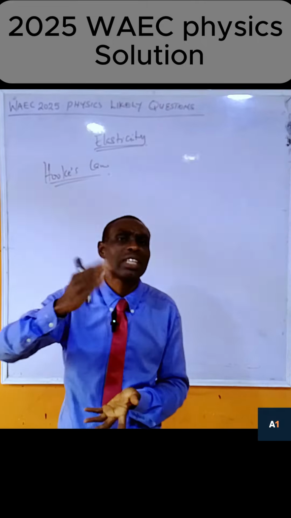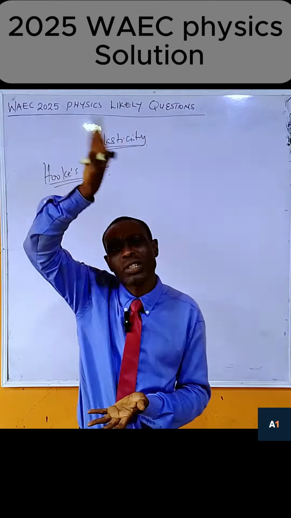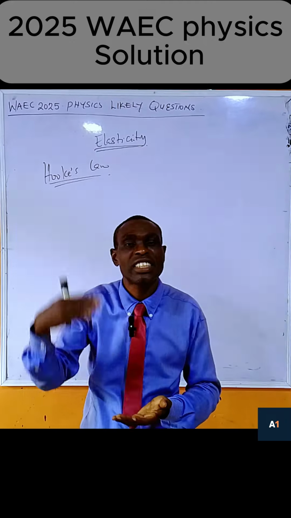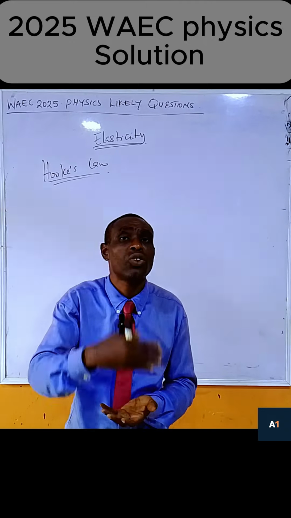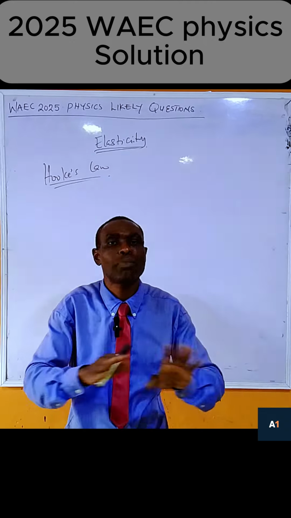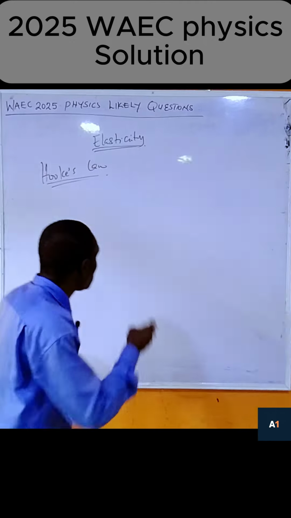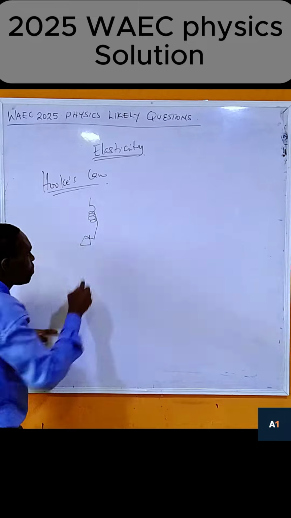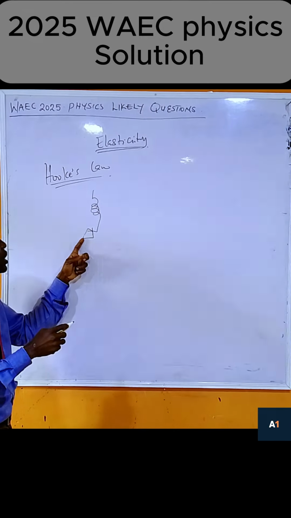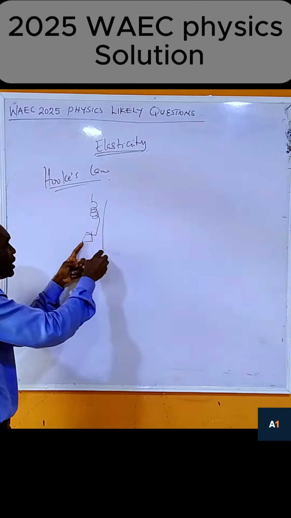It says when a spring is attached at one end and a force is applied to the other end, the extension of the spring is proportional to the force applied to it, provided the force is not large enough to extend the spring permanently. What it means is, look at the spring now. When you place a mass here, the spring will extend.